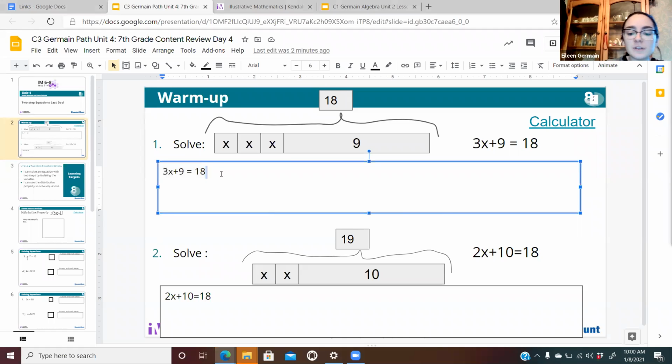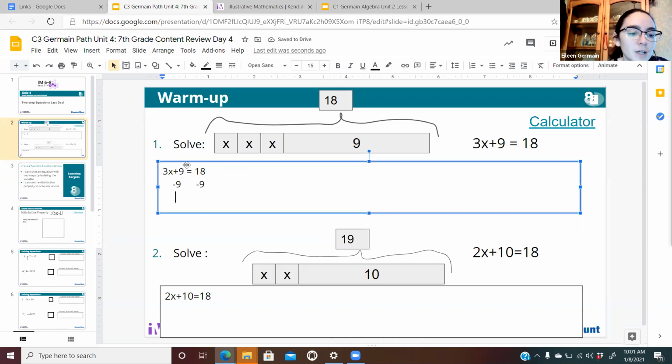Perfect. Okay, so I need to solve this one. What am I undoing first on each side? Oh, Jaden is here. That's what I figured. What am I undoing first on each side? Help me out. Morning, Jaden. Very good. We need to undo this minus 9 because we're working in reverse PEMDAS order. So we're going to first subtract 9 from each side. And when I do that, what am I going to be left with on the left here?